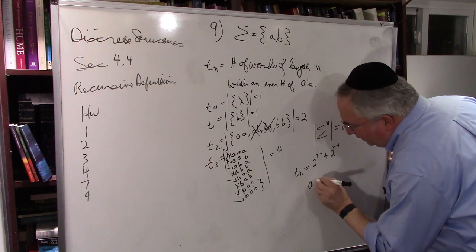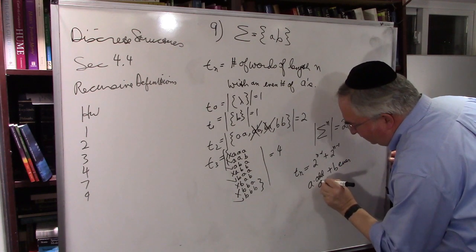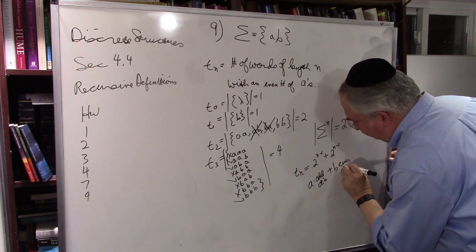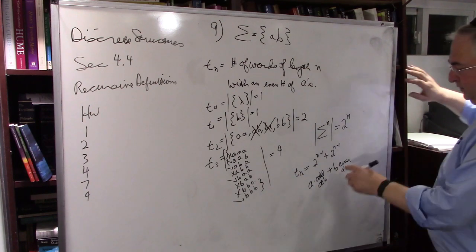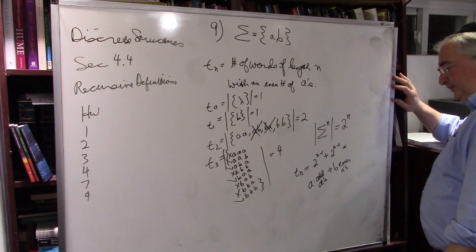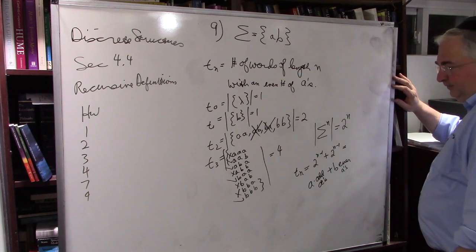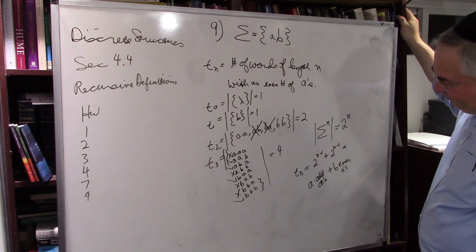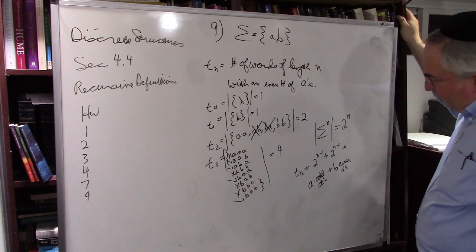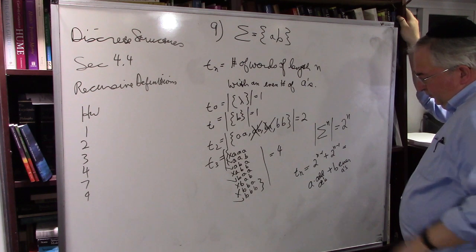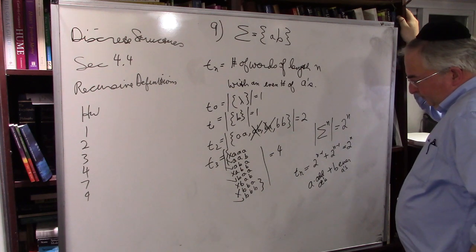So let's write it like this: A times a word with odd plus B times a word with even A's. But that doesn't work. That's not true.